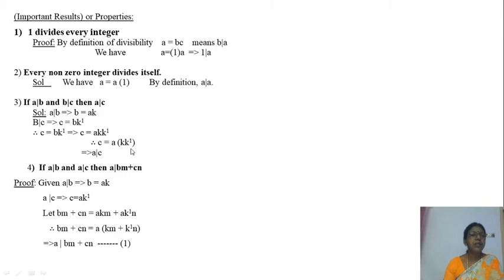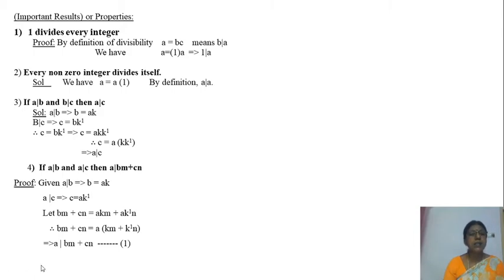One linear combination. Suppose we give values for m and n. m and n are integers. You may give values 1, 2, 3, minus 1, minus 2 as you wish. We get different linear combinations. So many combinations of bm plus cn, that means so many combinations of b and c.